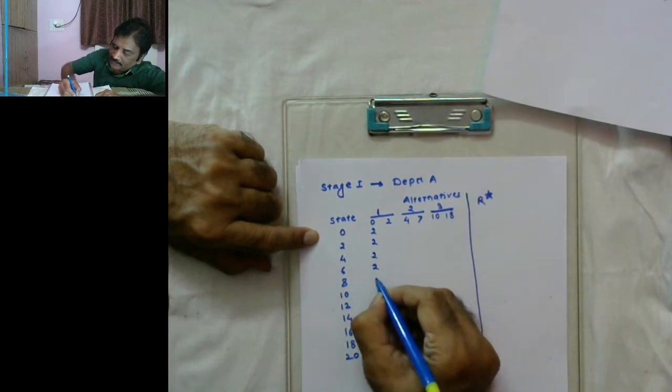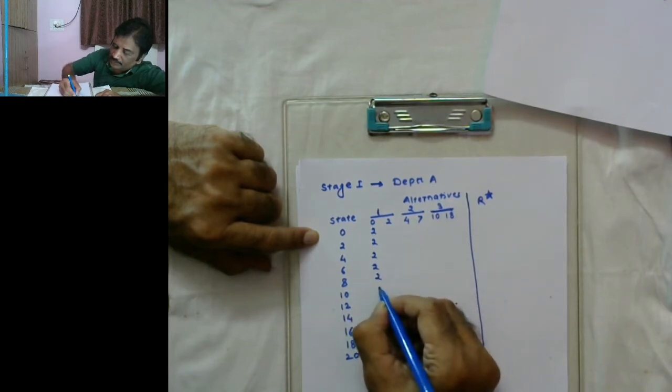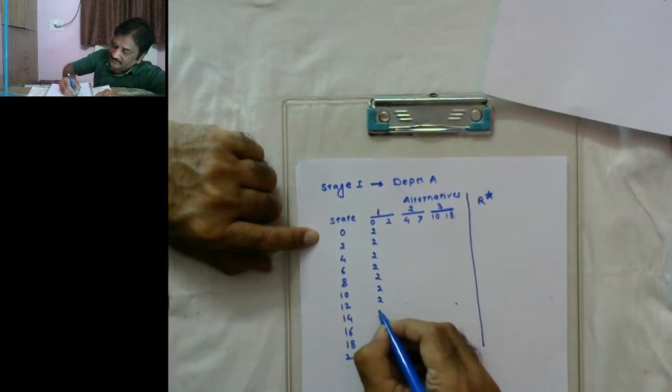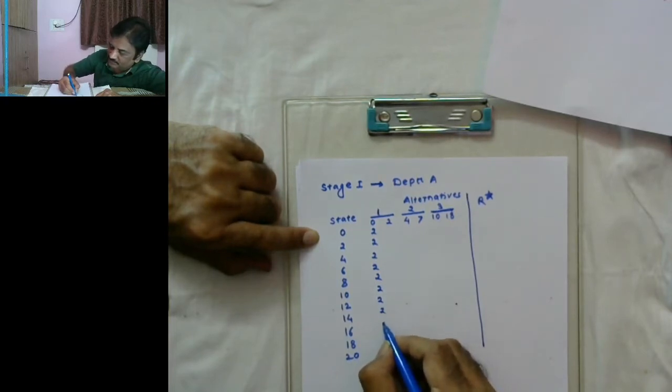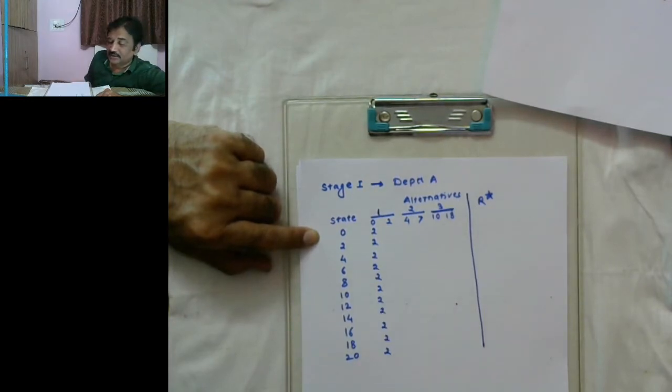Though I have said to you in the last class that return is a function, state comes into picture just to decide whether particular alternative is available under that state or not.